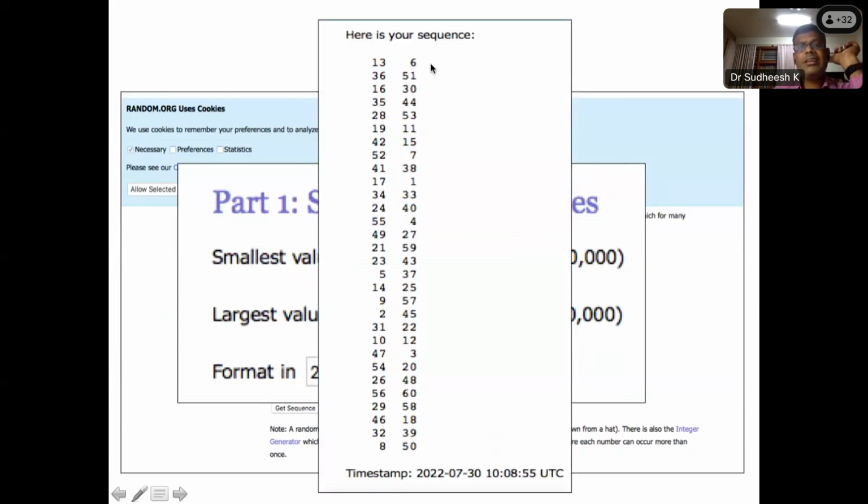See, 13, 6. So, for example, 13th patient will come to group A, 6th patient will go to group B, 1 will come to group B, then 2 is coming to group A, and 5 is coming to group A. 4 is going to group B, 3 is coming to group A, then again 6 is coming to group B, 7 is coming to group B, 8. So this kind of random generation is produced, and we can use this for the randomization sequence.